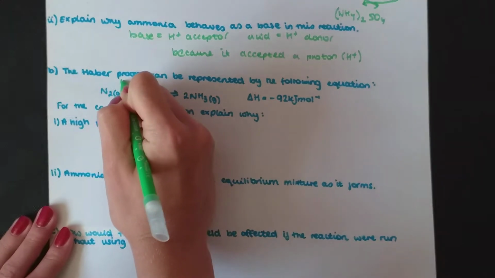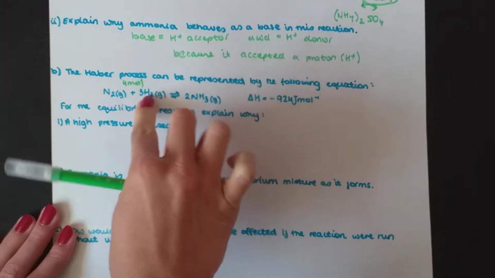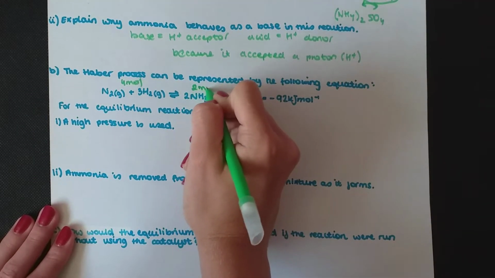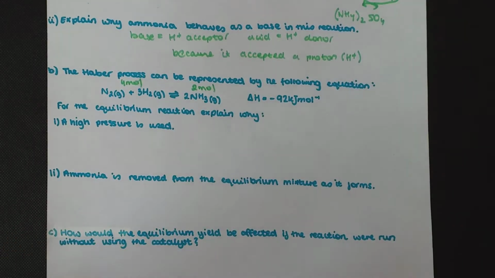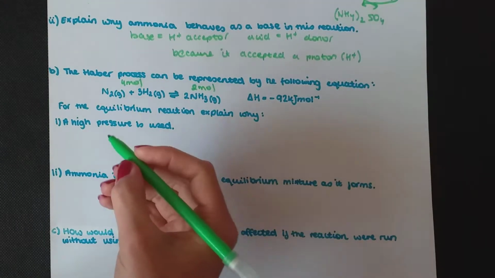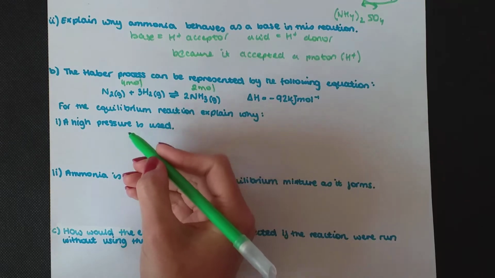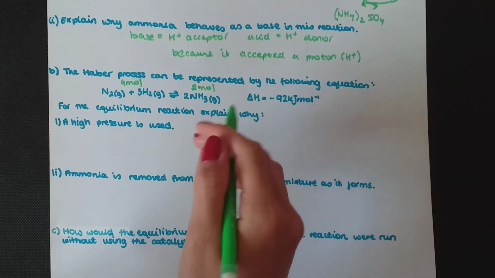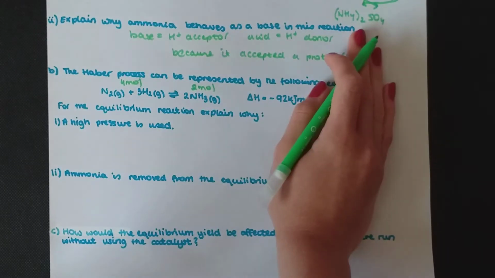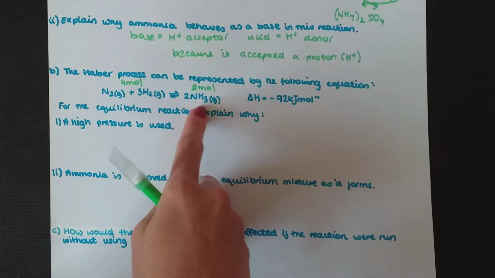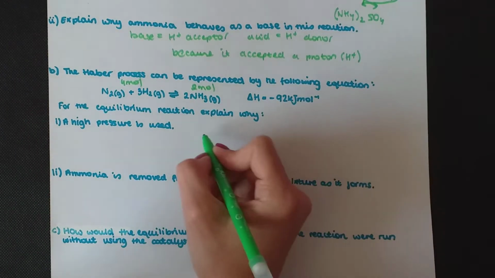So we have 4 moles on the left hand side altogether, and we have 2 moles on the right hand side altogether. So when the pressure is increased, the equilibrium moves to the side with the fewer moles. So in this example, the equilibrium will move to right hand side when the pressure is increased.